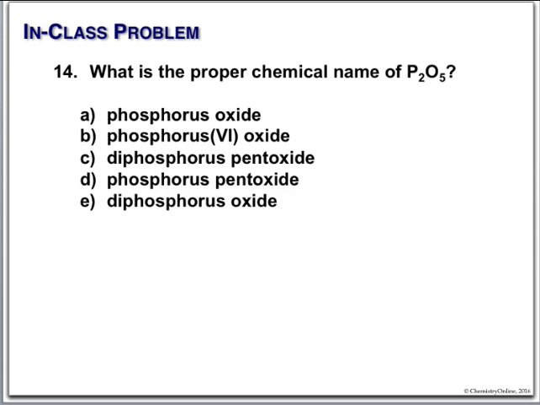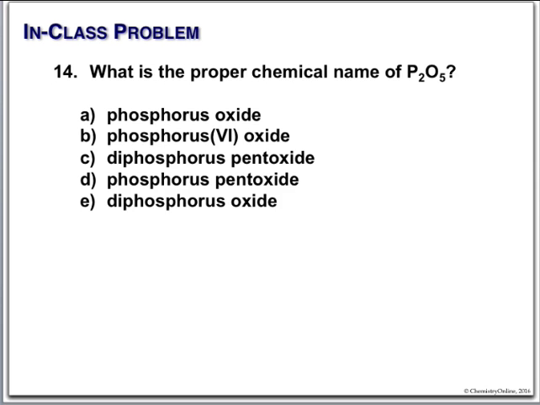The way to answer that is to say, does this have a metal in it? Does it have a metal? If it has a metal, it's ionic. Why is that important? Because if it's an ionic compound, you don't use multipliers. If it's a molecular compound, you do.